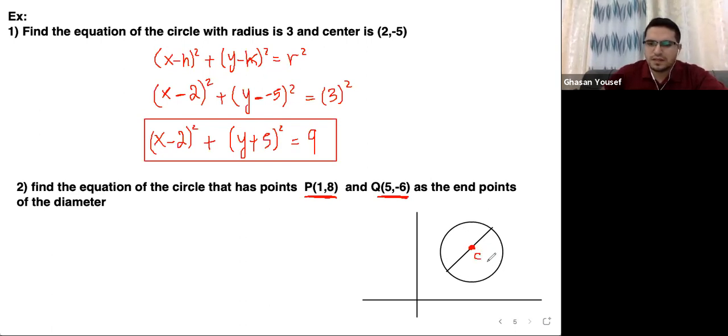The center here is x comma y. This point here is the P point, suppose it's my P 1 comma 8. And the second point here, suppose is my Q point 5 comma minus 6.